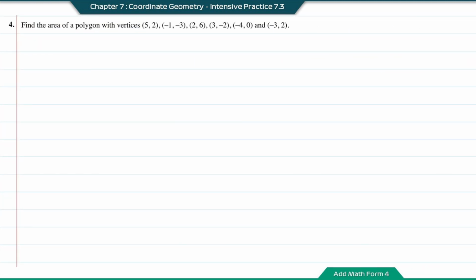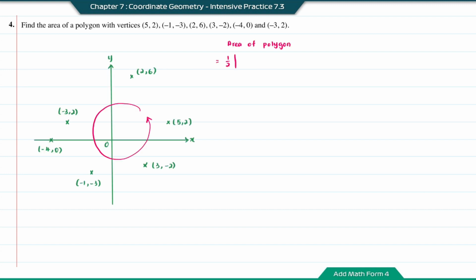Question number 4. Find the area of a polygon with vertices (5, 2), (-1, -3), (2, 6), (3, -2), (-4, 0), and (-3, 2). Here we're going to find the area using the shoelace formula. So we need to make sure the coordinates are arranged clockwise or anti-clockwise. So I'm going to plot all the coordinates here onto the Cartesian plane.